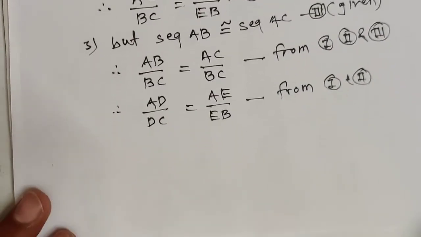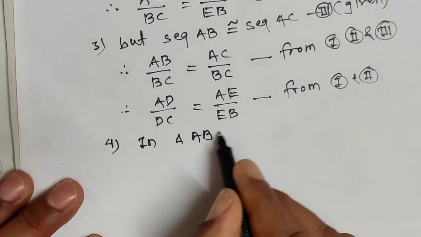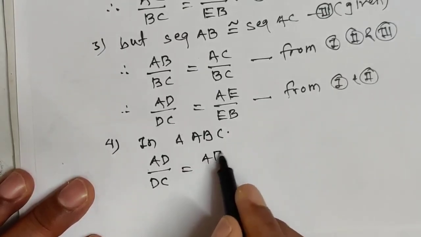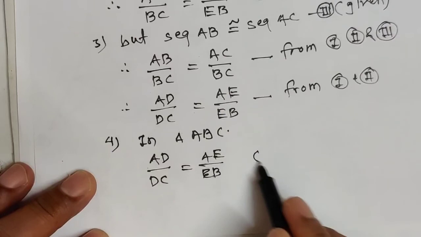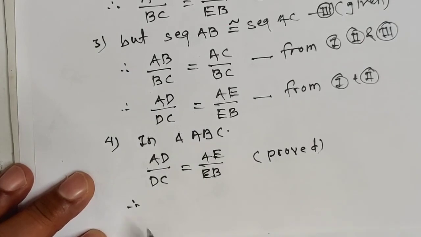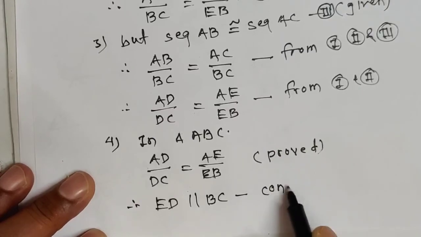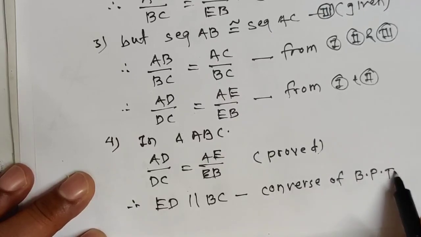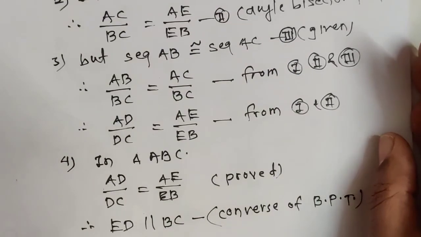Now the last point, fourth point, in triangle ABC, AD by DC is equal to AE by EB. Here we can write the reason, proved. And therefore, by converse, what we can write? ED parallel BC, reason converse of basic proportionality theorem. So by converse of BPT, we can prove this side is parallel to that third side.